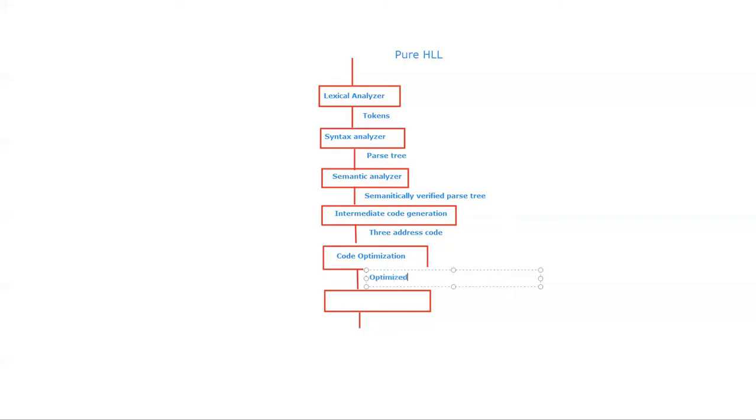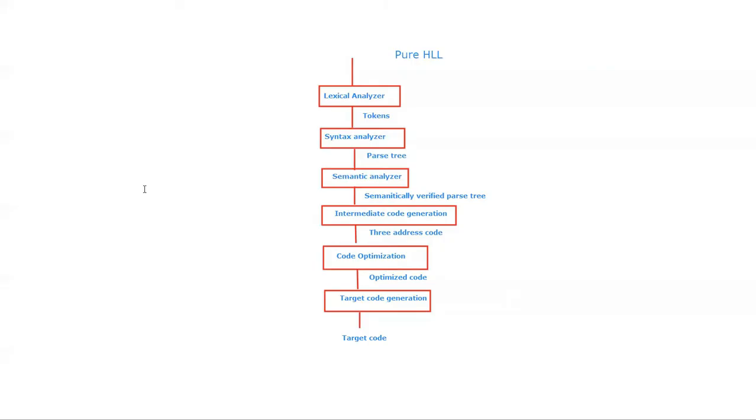Optimized code you will get as an output. And after that we have the target code generation phase, and this particular phase will provide you the final code, that is the target code, in the low level language. Right? So this is basically the phase diagram of the compiler.